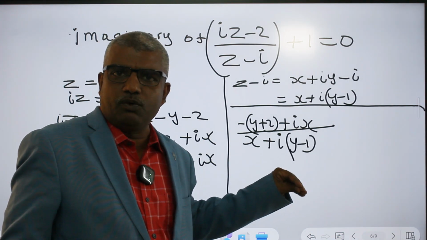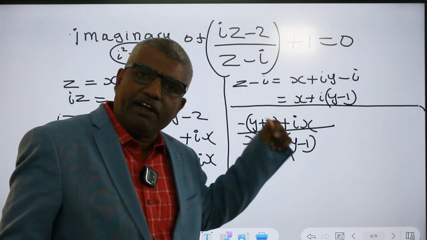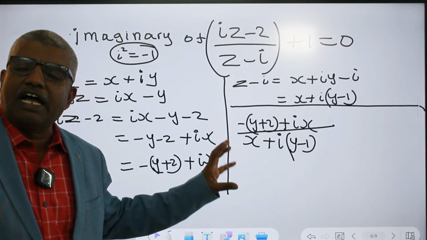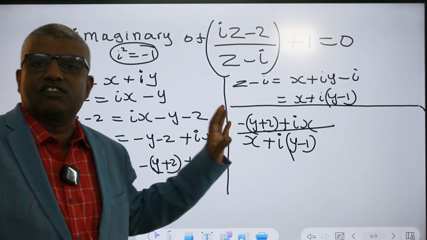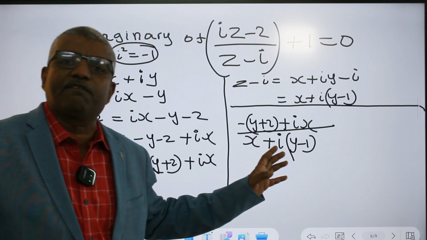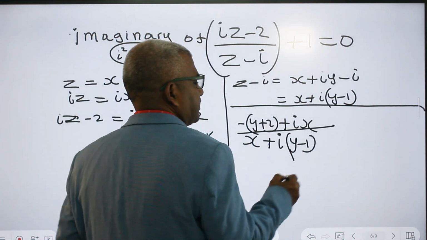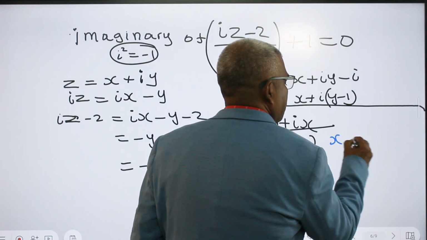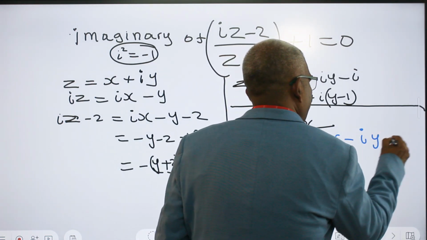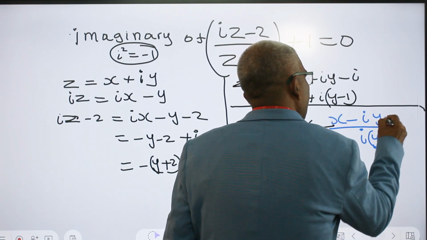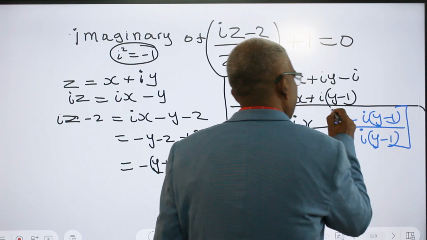Why are we doing this? Because i will become i squared, and i squared will be minus 1, so finally i will be removed. Here the conjugate: plus is there, so x minus i(y minus 1).